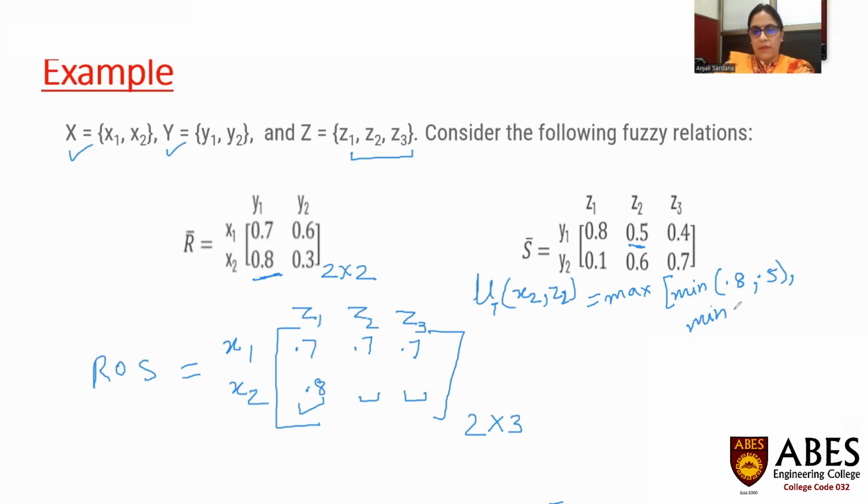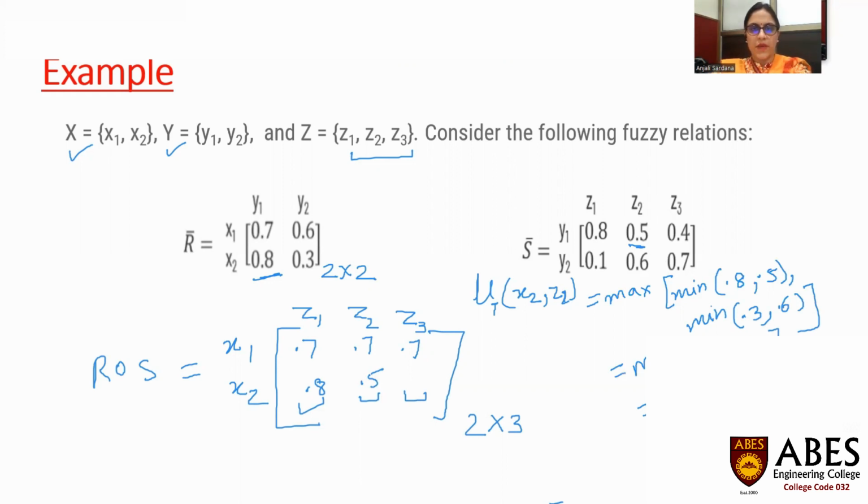Minimum of the next, x2 to y2, which is 0.3, and y2 to z2, which is 0.6. Outcome will be 0.5, 0.3, so it will be 0.5. So here it will be 0.5.